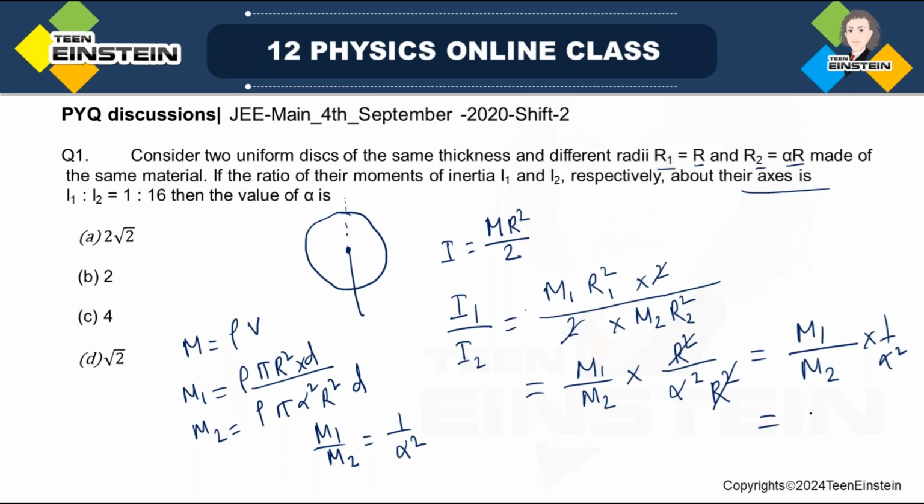Multiplying with the other 1 by alpha square, we get 1 by alpha to the power 4.